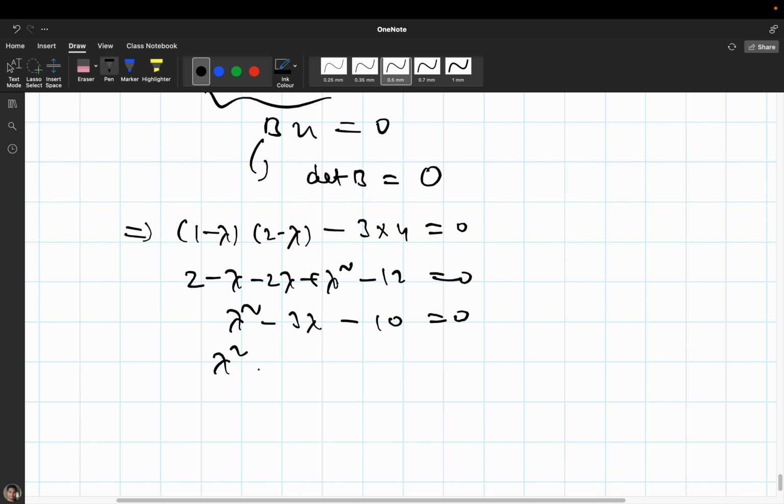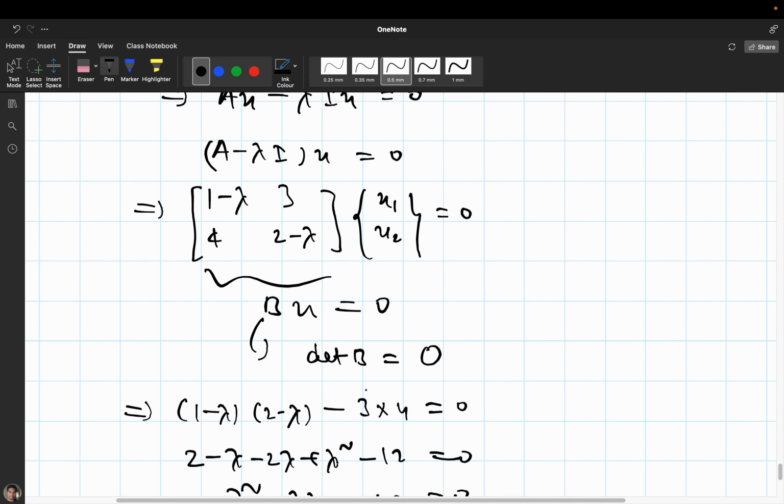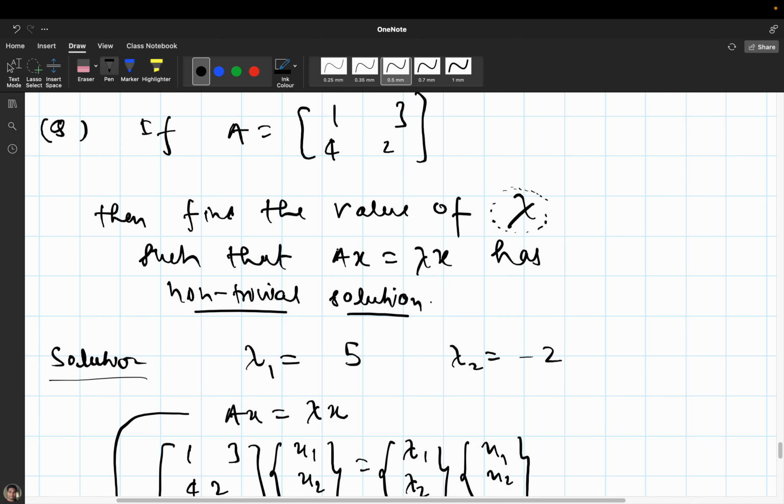So that will be lambda minus 5 times lambda plus 2. So the answer will be lambda equal to 5 and lambda equal to minus 2. So at these lambda, the system of equations will have a non-trivial solution.